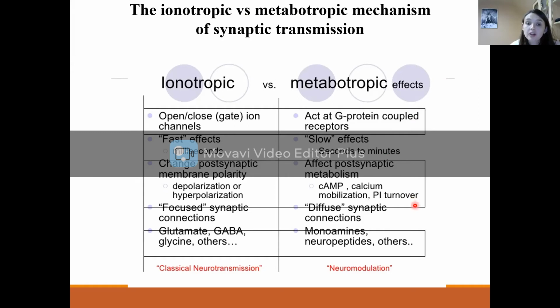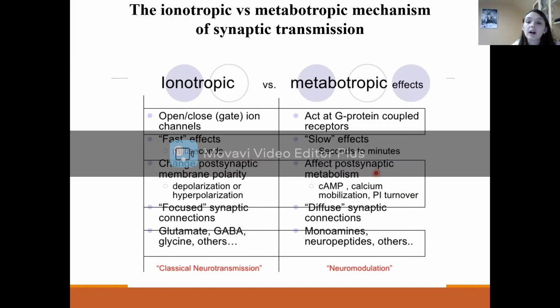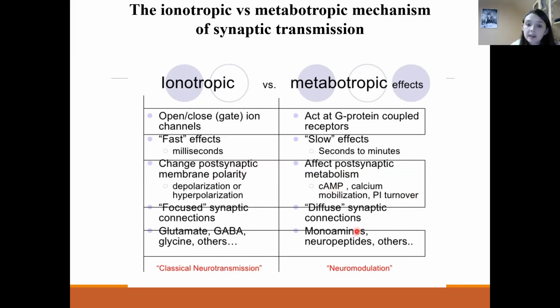Its effect is on the postsynaptic metabolism, so it means it requires energy and calcium. Examples of such neurotransmitters are the monoamines, neuropeptides, and others.